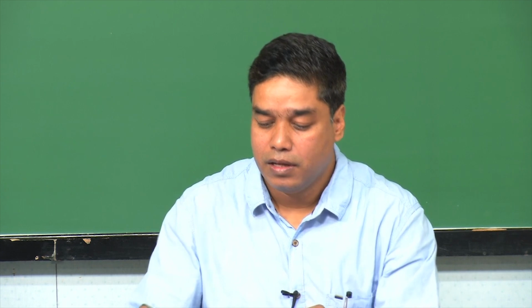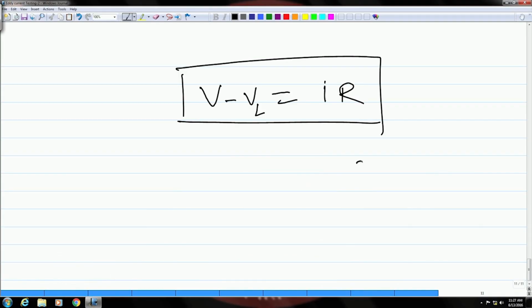Okay. So, let us say this current I is a sinusoidal function. That means now we can write the expression of VL, which we have already got, that is L dI dt.